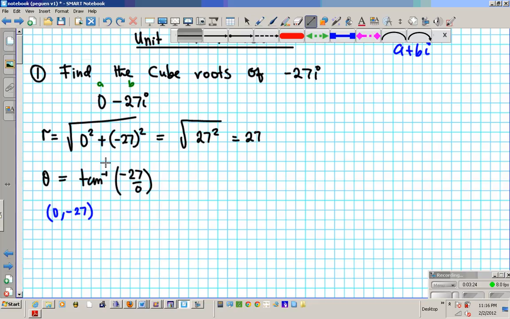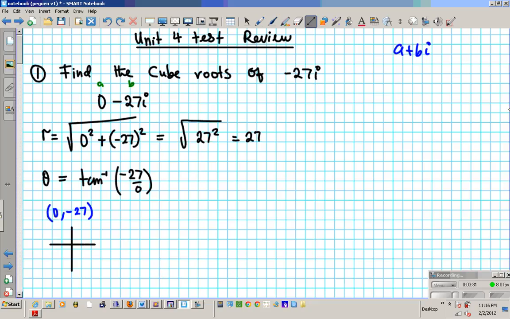So where on earth is 0, negative 27? If I want to graph it, 0, negative 27 means 0 on the x, and you're going to go down on the y, all the way down to negative 27. So that's negative 27 on the y. Remember, this is x, and this is y. So what's the angular measure? You're going to go from here all the way around to there.